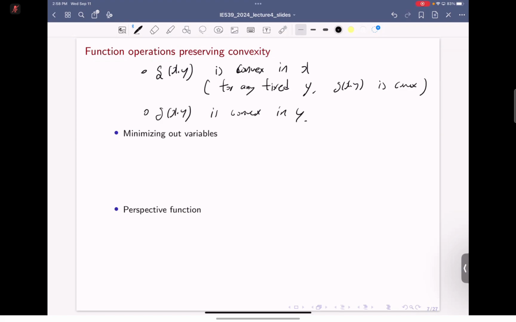It's quite interesting that even if this function is convex in one part and in the other part, it doesn't guarantee that the function is convex if you take the whole vector x and y.